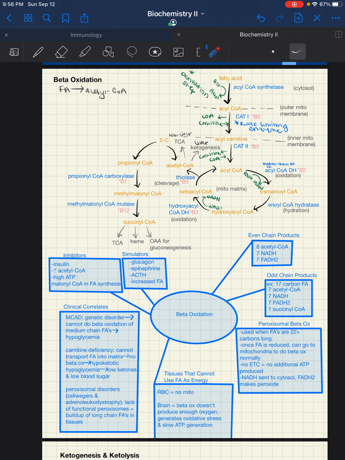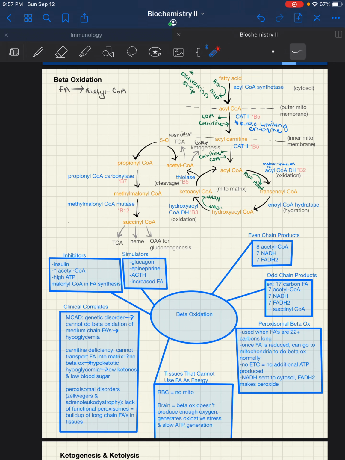Some things that inhibit this pathway are, so this is a catabolism pathway. We are doing this pathway because we are in fasting or starvation, and we need to use alternative energy sources other than glucose for energy. So we're using our fatty acids.